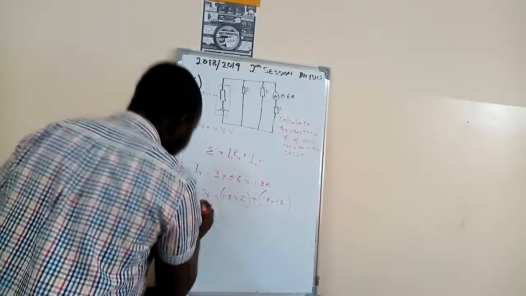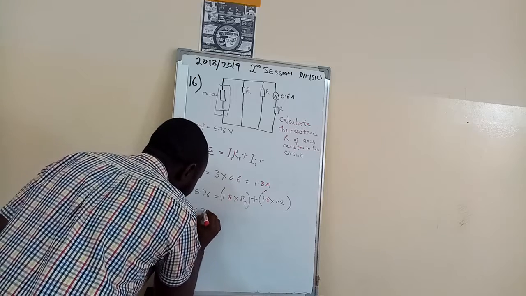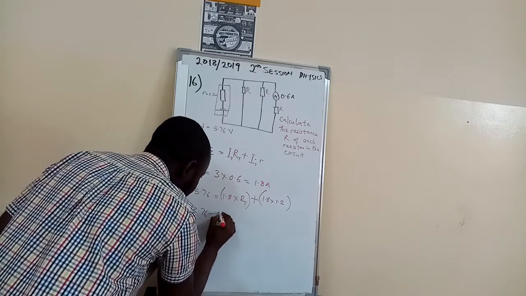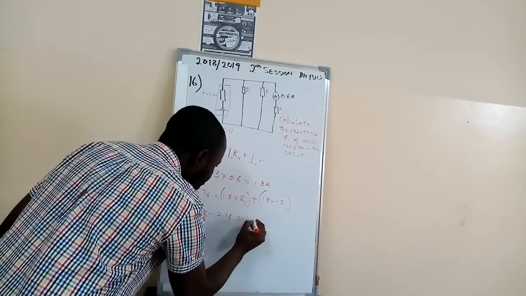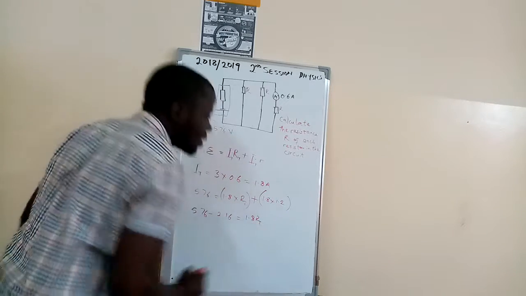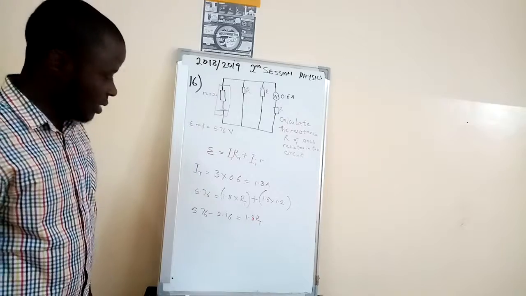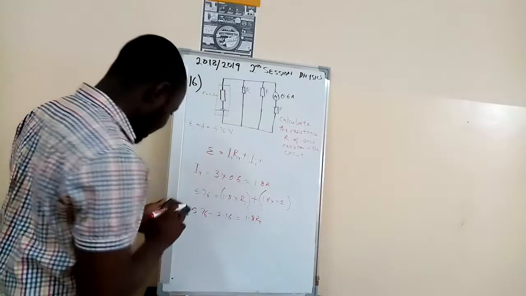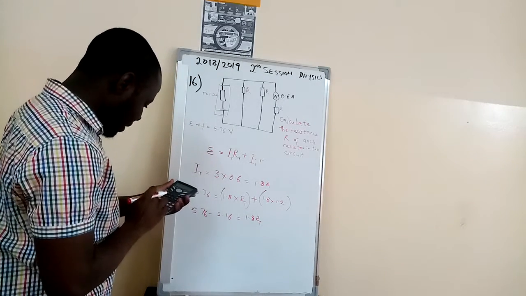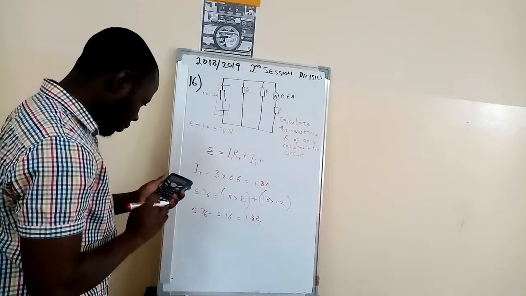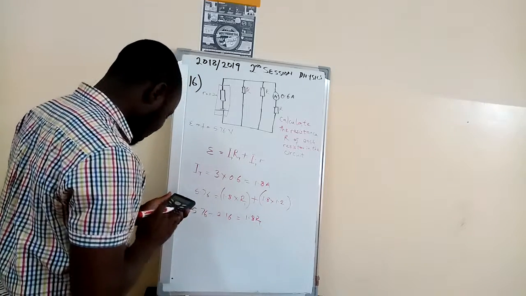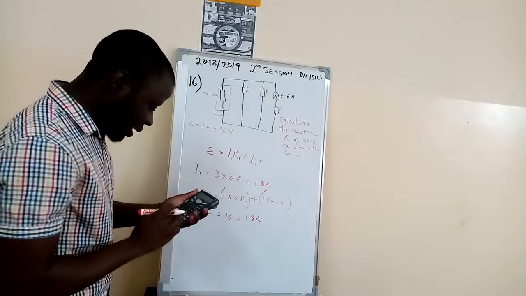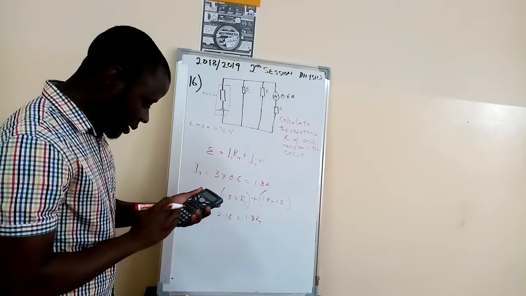I want to bring it to this place. I have 5.76 minus 2.16 is the same thing as 1.8 R total. I hope that makes sense. Now, what is 5.76 minus 2.16?